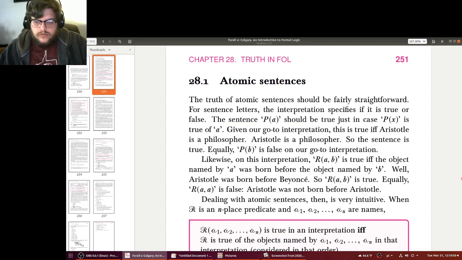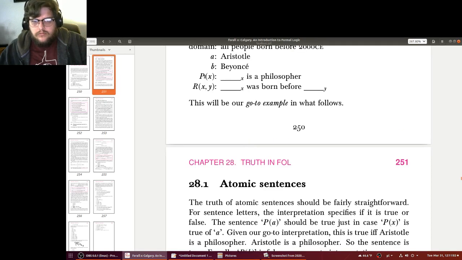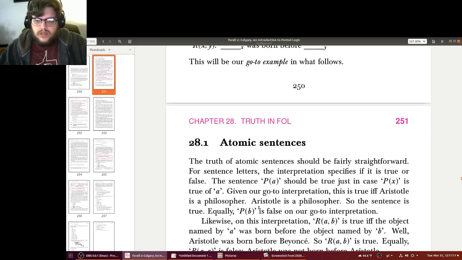Given our go-to interpretation, P of A is true if and only if Aristotle is a philosopher. Well, he was, okay? So the sentence is true. And P of B is false. Now, maybe you could argue that Beyonce is a philosopher, but I would say most people would consider her an artist, not a philosopher, so we will say that P of B is false.